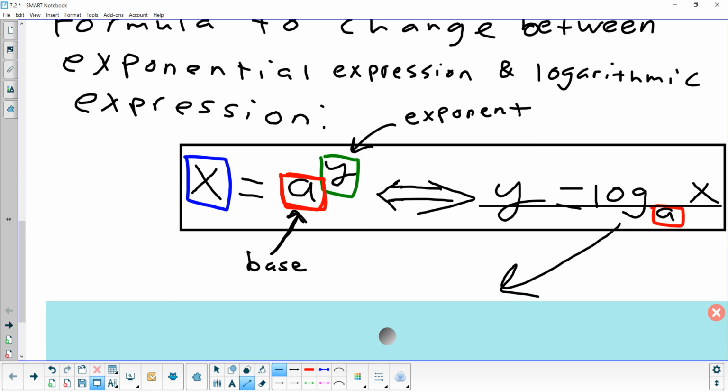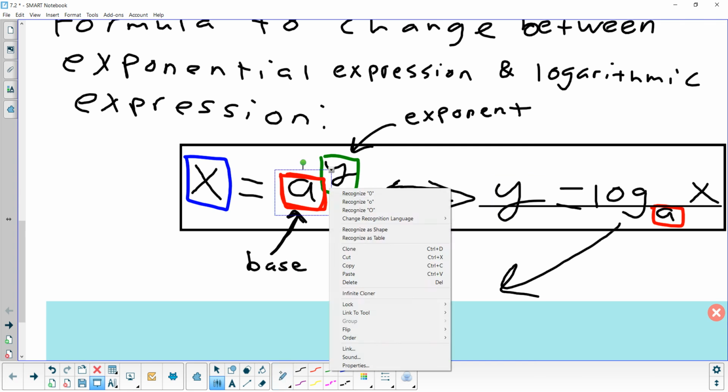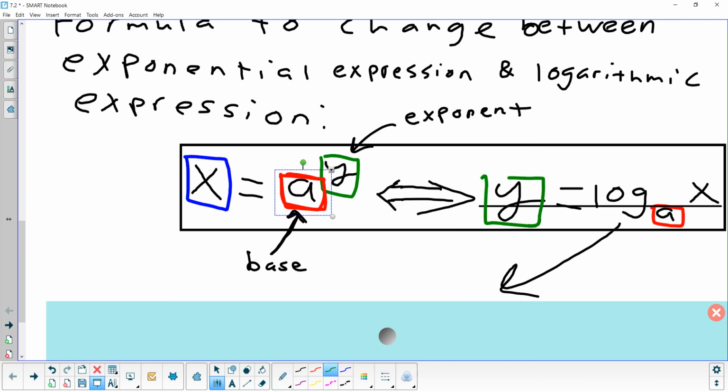All right, the next thing. The logarithm equals y. What was y originally? It was the exponent. So logs always equal an exponent.